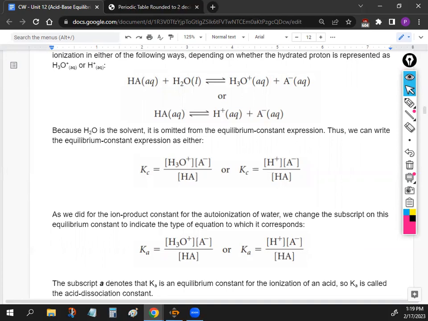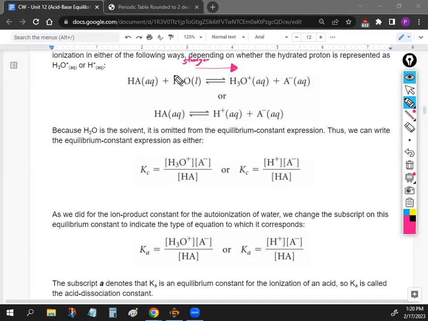A couple things before we move on to the math part. If an acid is stronger, which side of the equation does it want to go towards more, right side or left side? Right side. If it's stronger, it wants to dissociate, to break up. The stronger the acid, the more it goes towards the right.